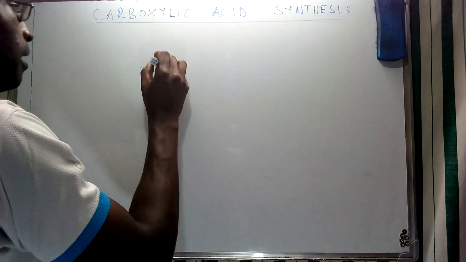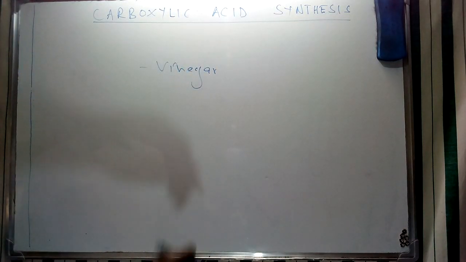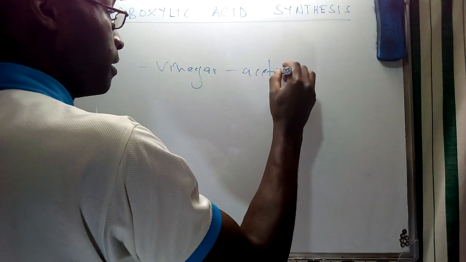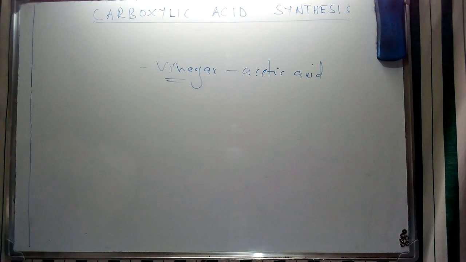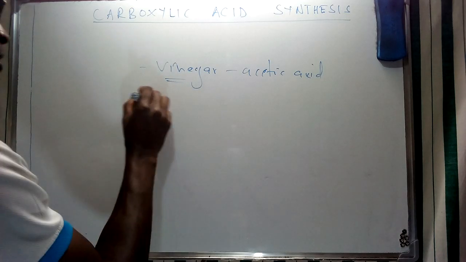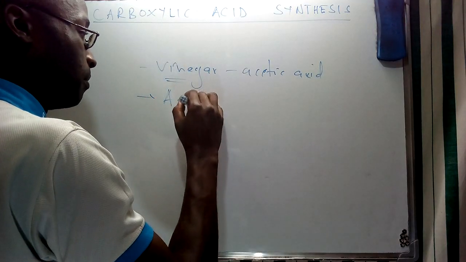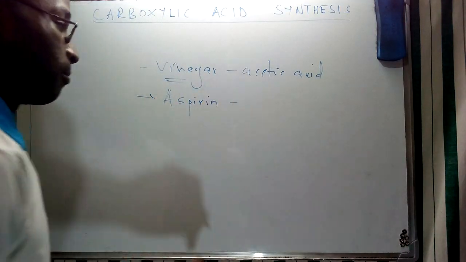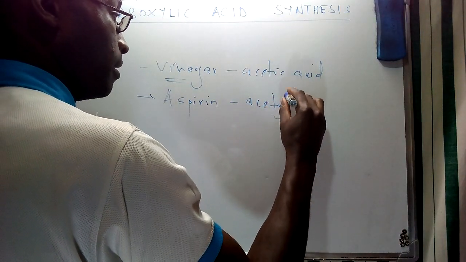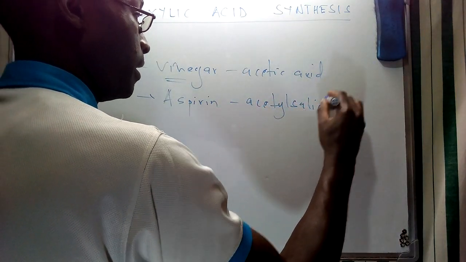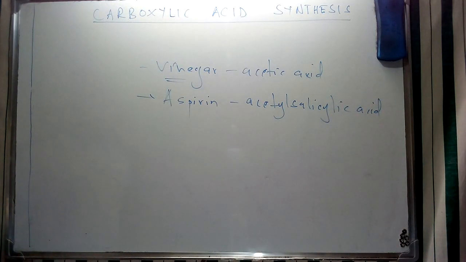For instance, vinegar contains what we call acetic acid, which we are familiar with as one of the essential compounds we use in our day-to-day application. Next, in the pharmaceutical industry, we have aspirin, which is a drug. And this is going to contain what we refer to as acetylsalicylic acid. I've written those spellings correctly.